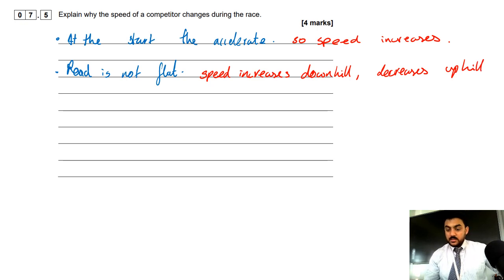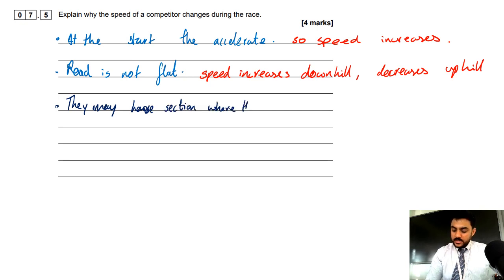Then the next thing to say is they may have sections where they sprint, and if they sprint, speed increases. That could be at the end or in the middle.